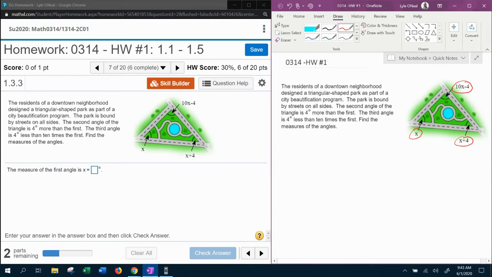So first of all, notice that it says the second angle of the triangle is. So the word is in math means equal. The second angle is 4 degrees more than the first. The words more than in math mean plus. 4 degrees more than the first means they took the first angle and they added 4, okay?